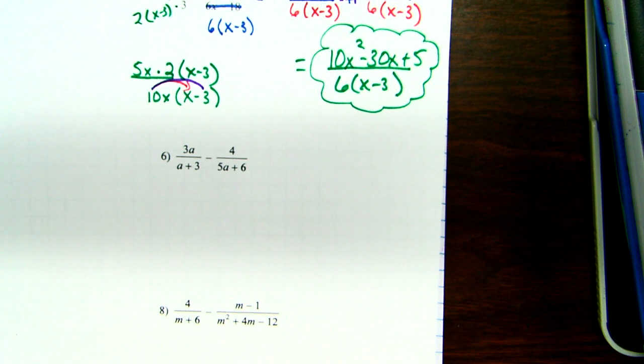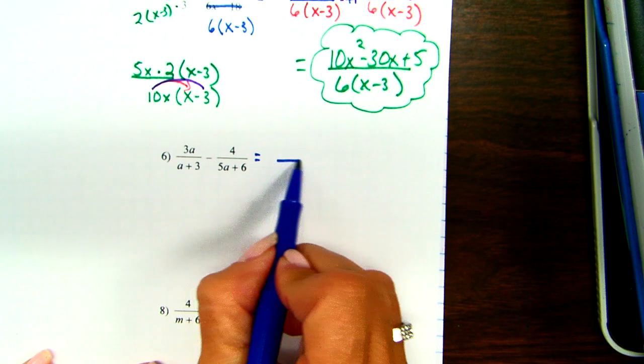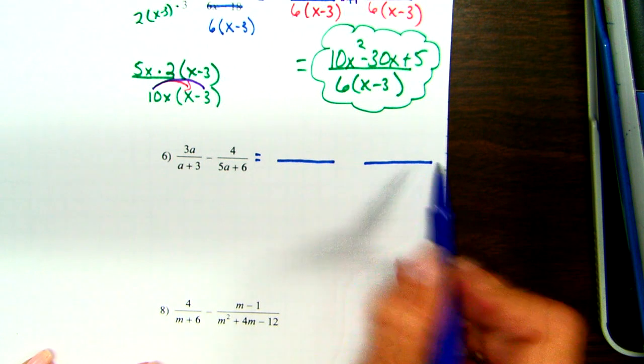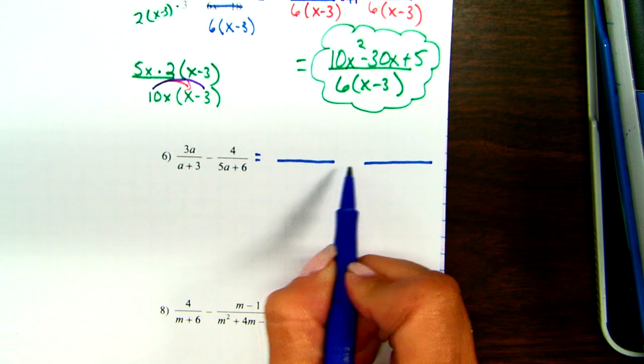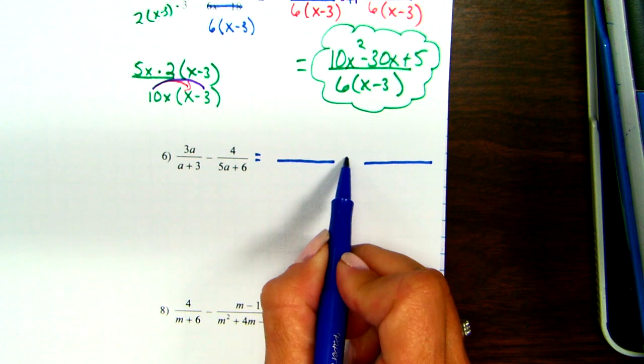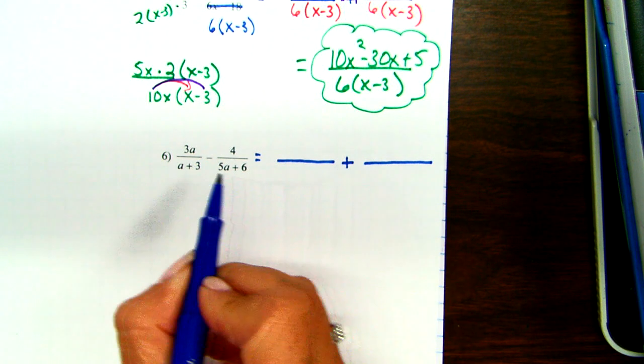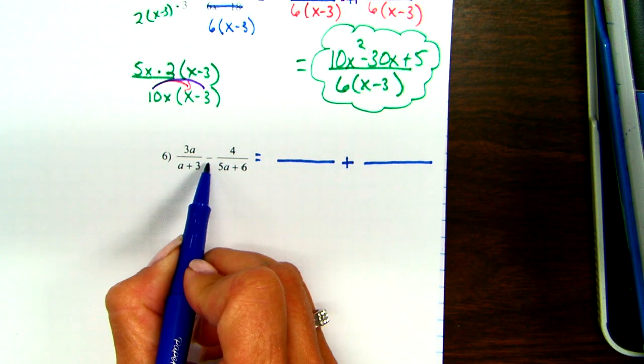All right, always look to see if you can factor anything in the denominator. We cannot, no factoring there. Notice there's a minus, so we're going to be careful about that. This is that moment where you're going to decide what works best for you, doesn't matter to me. Are you going to put a minus here, or are you going to put a plus here? And remember, I like the idea of making this a plus, which makes this a plus, okay?